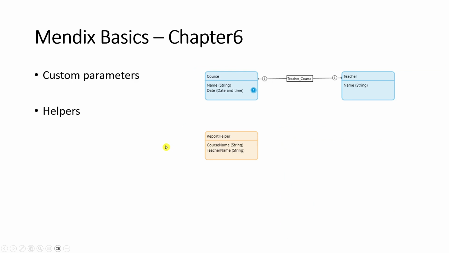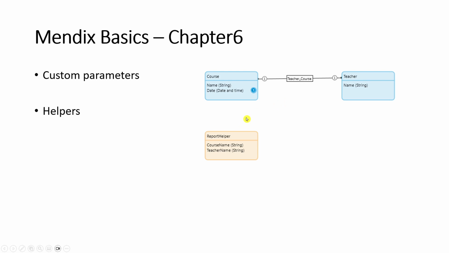And the second use case: I will also create a new teacher entity and bind it to the course, and I will create a report helper. For example, I don't want to show everything related to the course, just the name, and near the course name, I will show the name of the teacher.